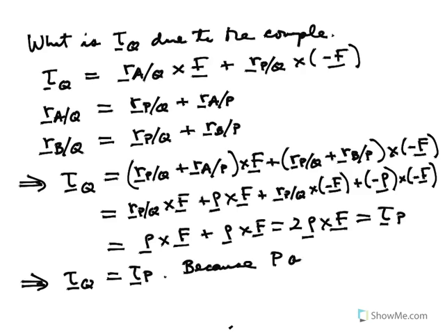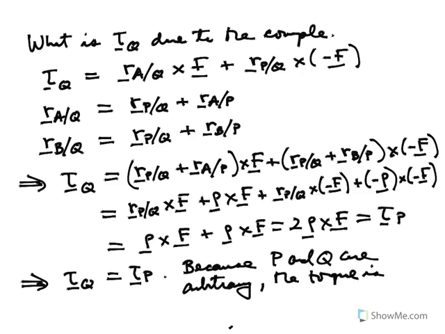And because P and Q are arbitrary, the torque is independent of a particular point on the body.